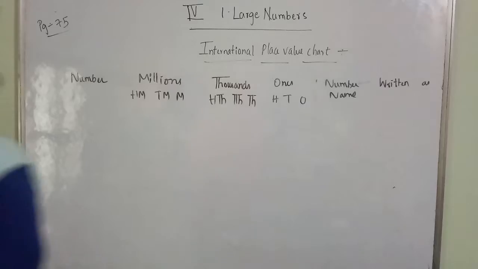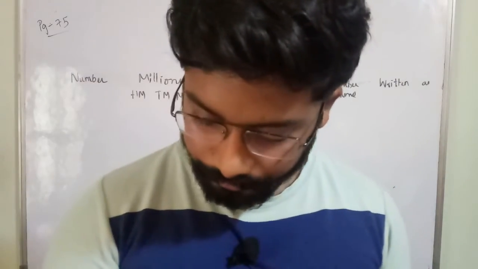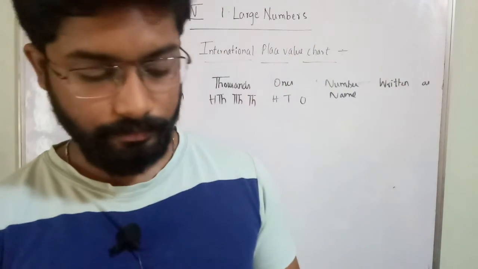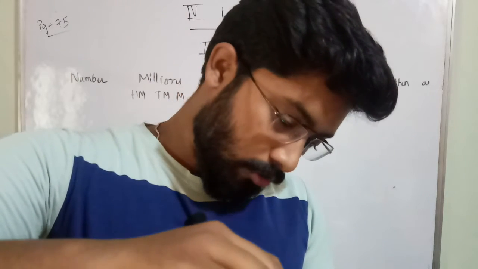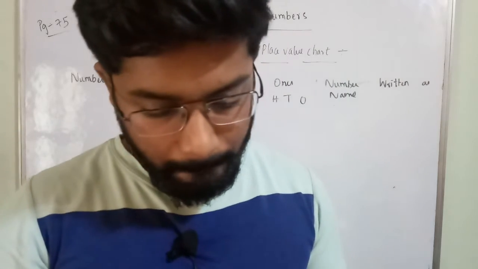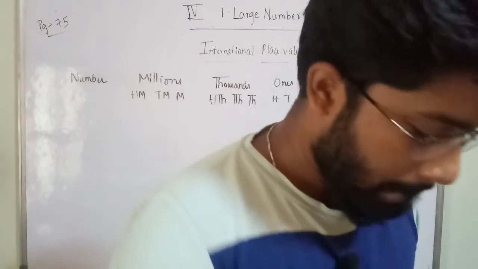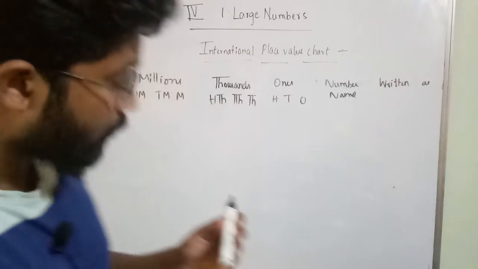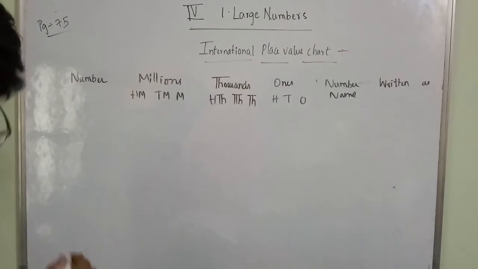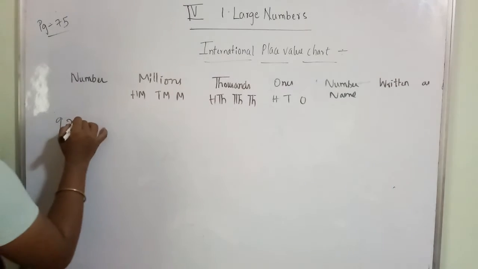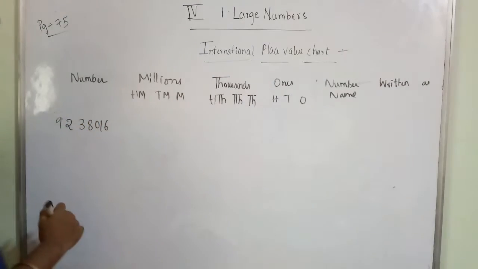So let us understand the next two examples. The next number is 92,38,016.